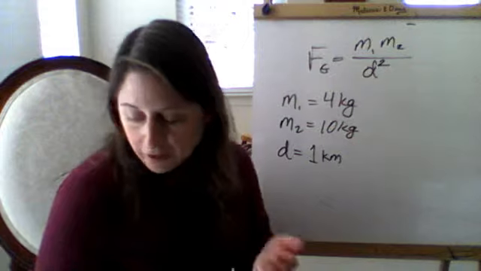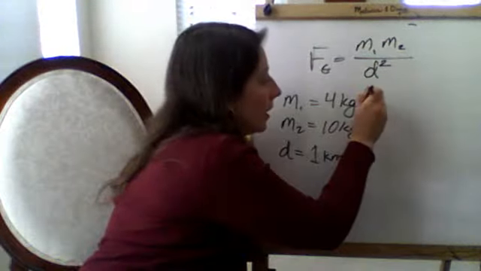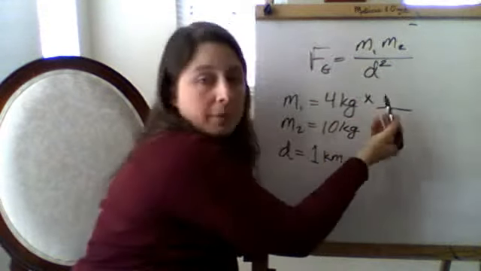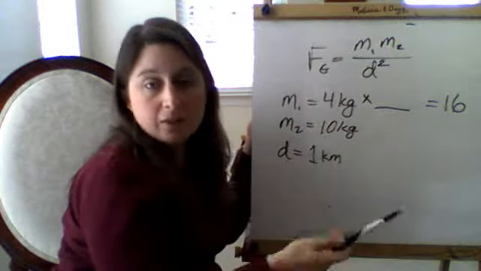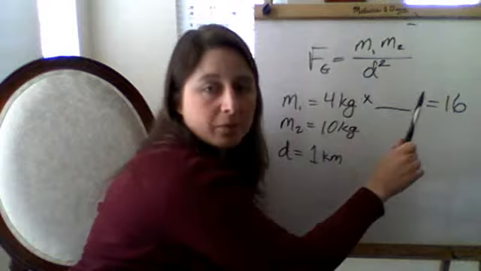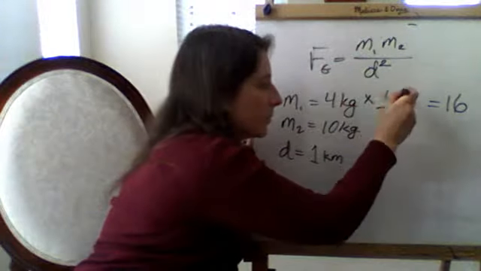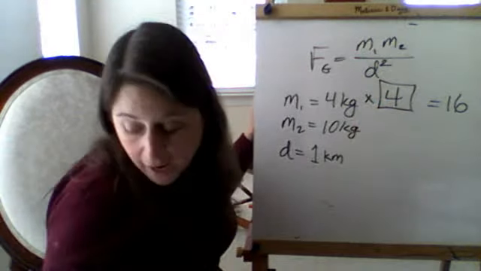So if the 4 kilogram mass is replaced with a 16 kilogram mass, all you have to worry about is what you multiply by to get the new figure. What's the factor of change? The factor that you need to multiply by to go from this to that. So 4 times what is 16? Well, 4 times 4 is 16. So my factor of change is 4 for the first mass.